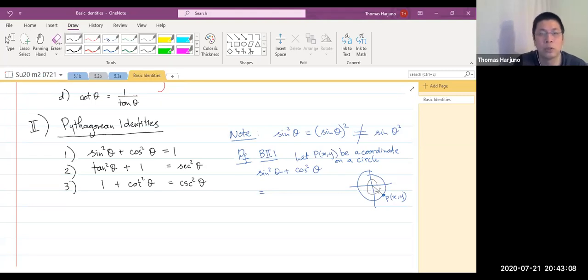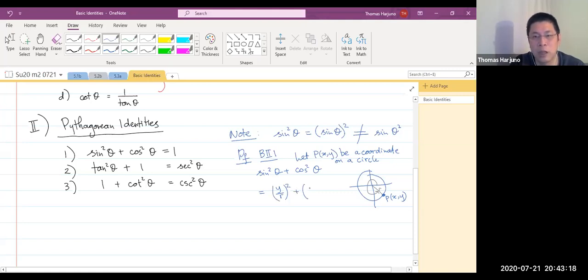Now sine theta is y over r, cosine theta is x over r. So sine theta is y over r, being squared, plus cosine squared theta is x over r being squared. I hope now you see why we call this Pythagorean identity, because it relies on the Pythagorean theorem.